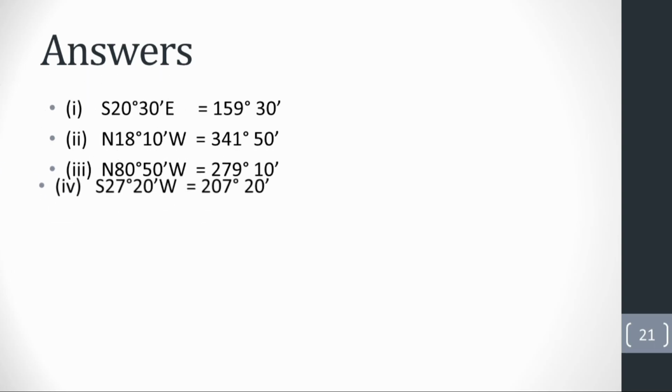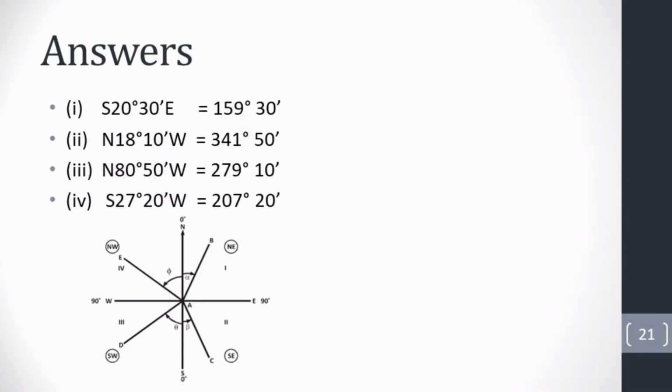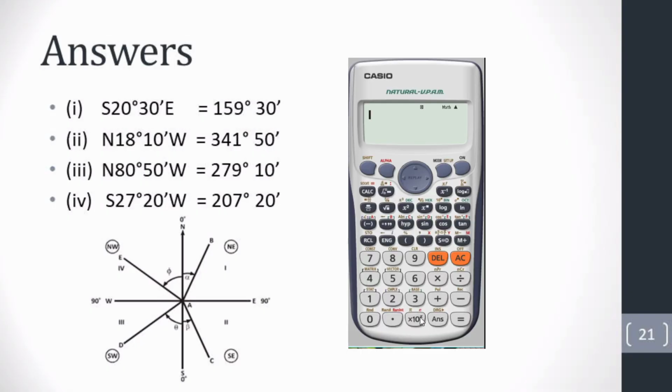Remember in all this calculation, all my values have to touch the major cardinals, so it's either the north or the south. My angle, you can see in the illustration, comes from the south, moving anti-clockwise towards the east.